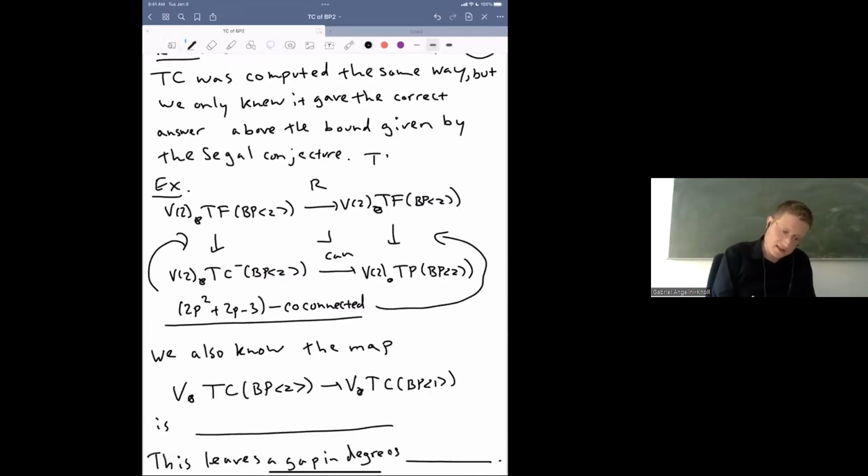So TC of BP⟨2⟩ is the equalizer, defined to be the homotopy equalizer of 1 and R on TF.